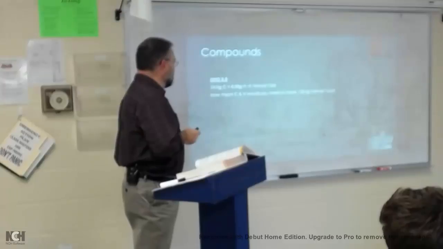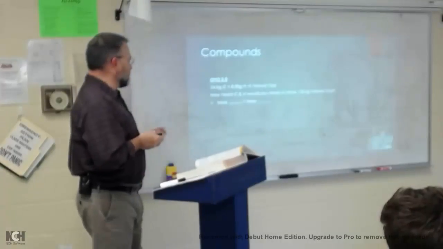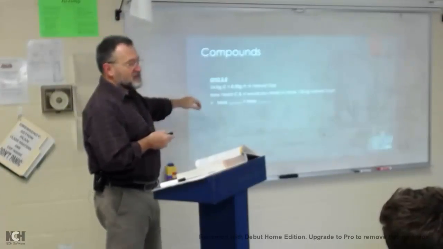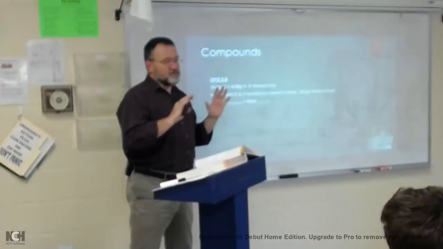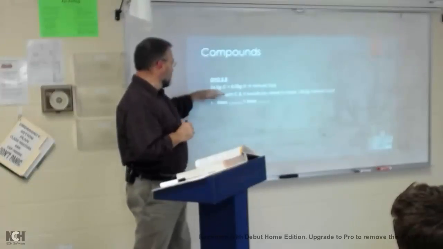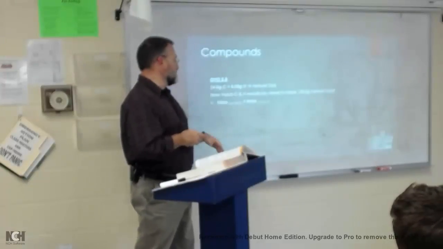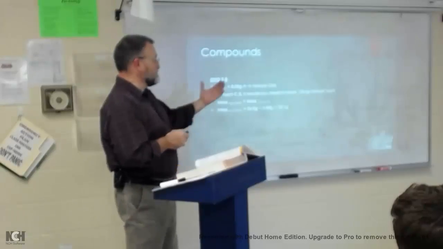24 grams of carbon and 8.08 grams of hydrogen form natural gas. How much does it make? Well, using the law of mass conservation, if there are no leftovers after the reaction, no excess, and 24 grams and 8.08 grams are used, then that same total mass must be produced.